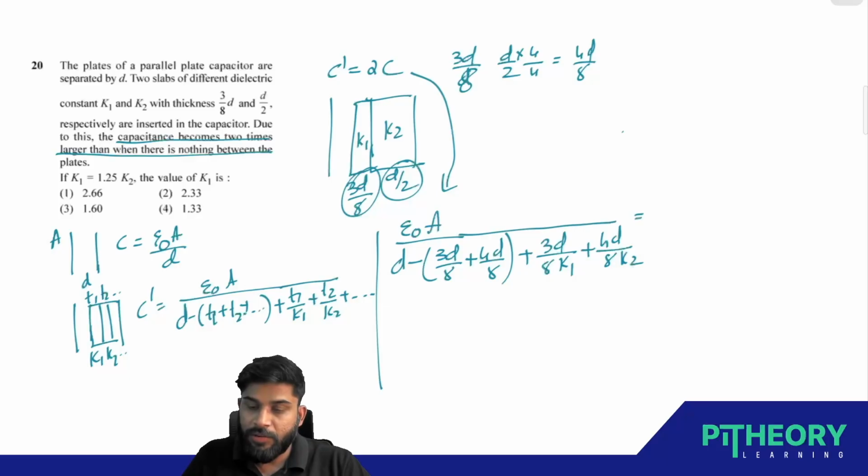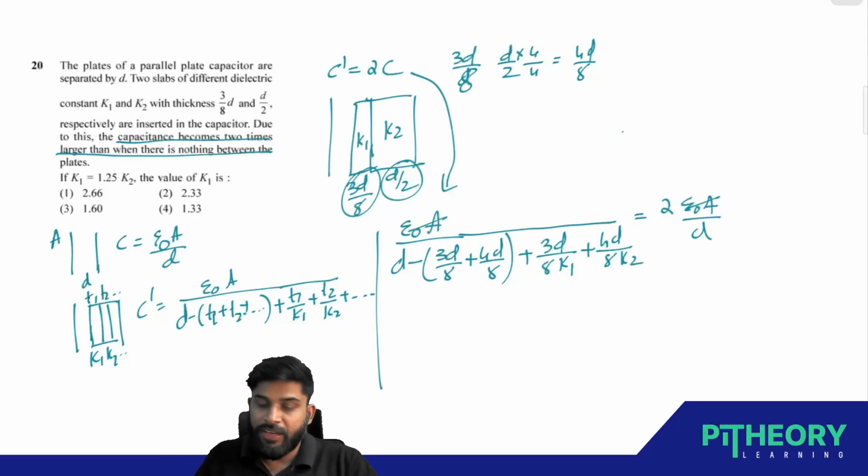This is equal to twice epsilon 0 A by D. In every term in the denominator, D is there, so epsilon 0 A will cancel, and obviously D also will get cancelled. Remaining, if I take this in the reverse form, I already cancelled D.